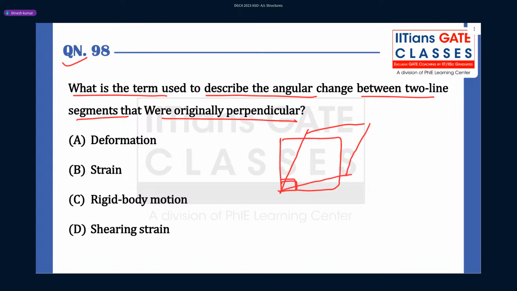That is the definition. So D is the correct answer. Suppose this is theta 1 and this is theta 2, so this will be pi by 2 minus gamma. So gamma is the shearing strain. It is theta 1 plus theta 2.